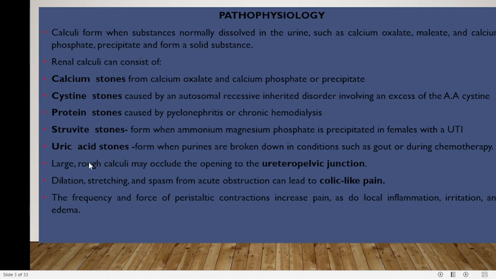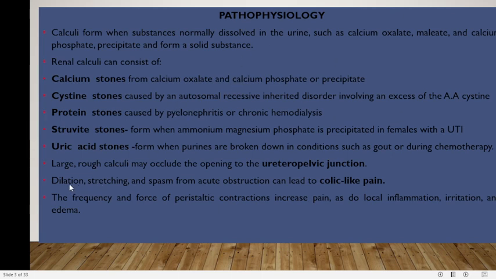Large, rough calculi may occlude the opening of the ureteropelvic junction. And this ureteropelvic junction, we looked at when we were looking at the overview of the urinary system anatomy. If you never looked at it, a link will be popping up and you can review the topic.